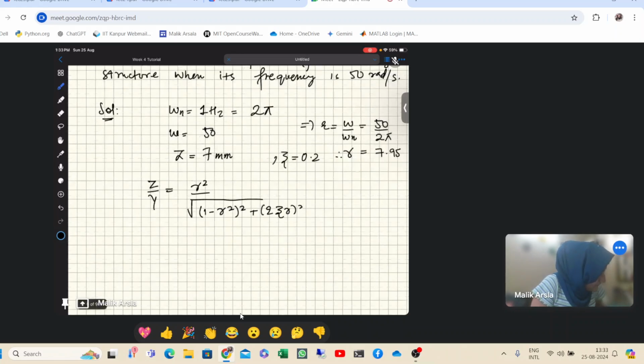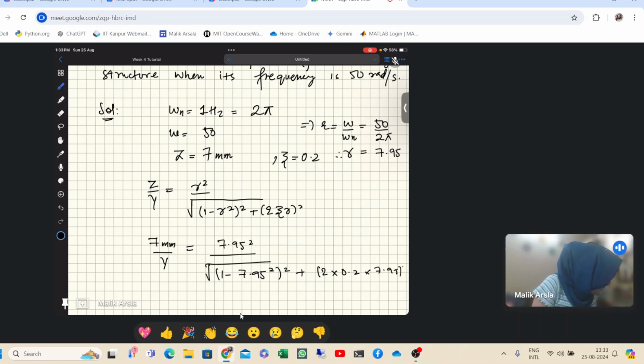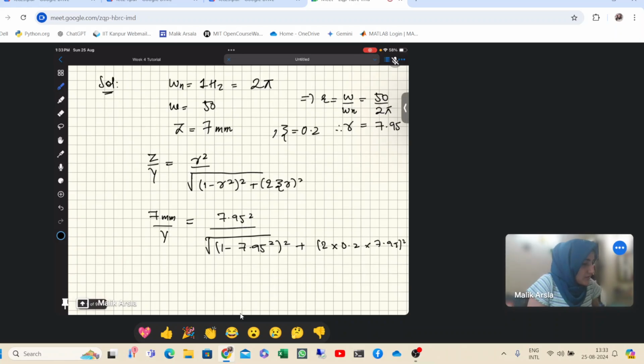So 7 mm upon Y is equal to 7.95 squared upon under root of 1 minus 7.95 squared whole square plus 2 into 0.2 into 7.95 whole square, right?